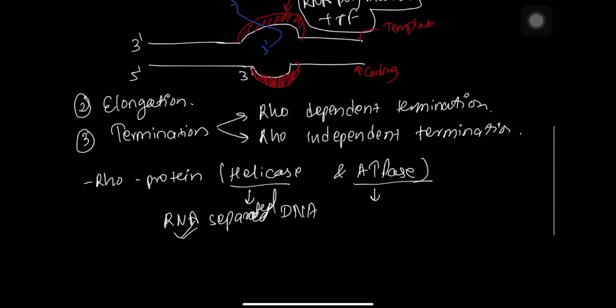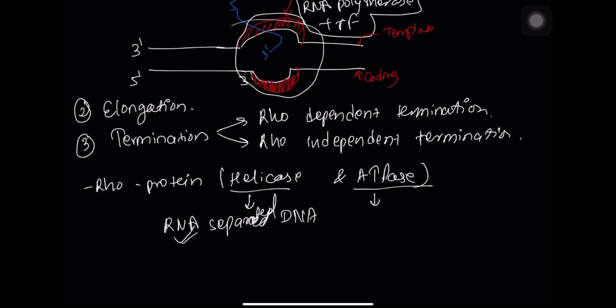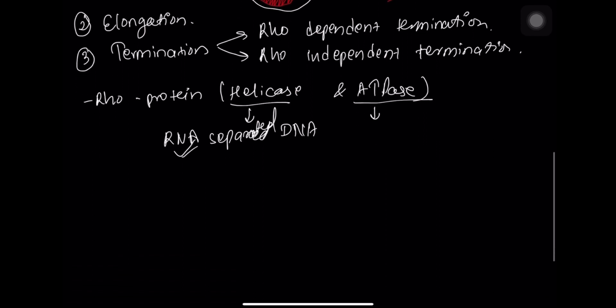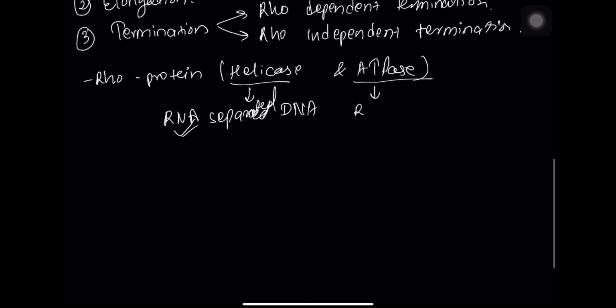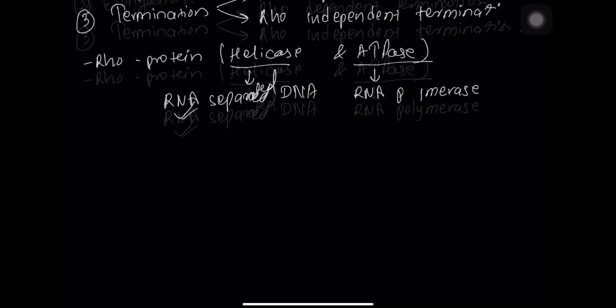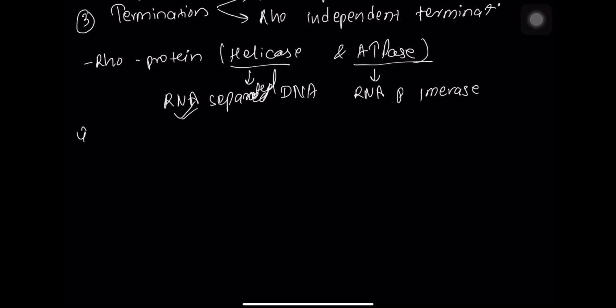So this is our transcription bubble. It will insert itself in the transcription bubble and interfere with the movement of RNA polymerase. As this RNA polymerase was making RNA, it will interfere with its function so that RNA can be separated from the DNA. So another is rho independent termination.